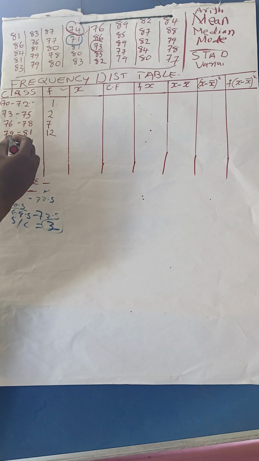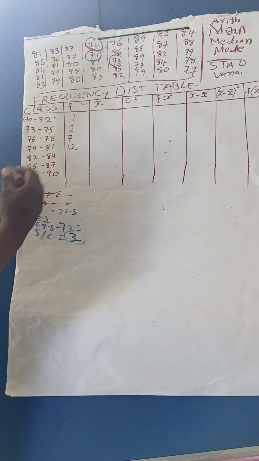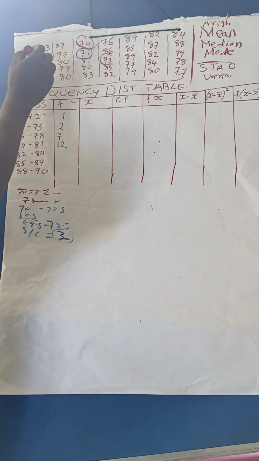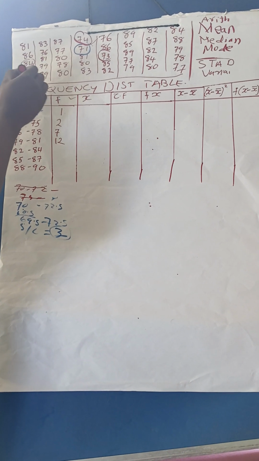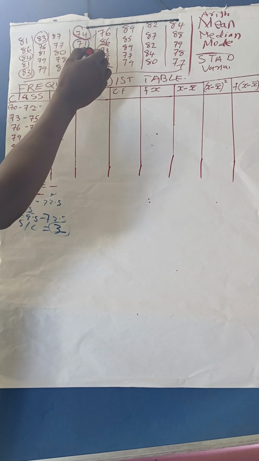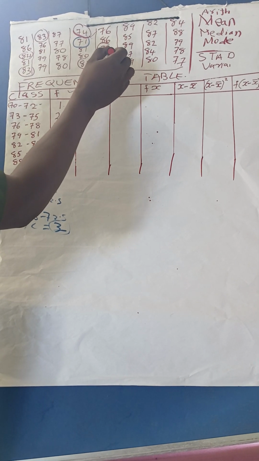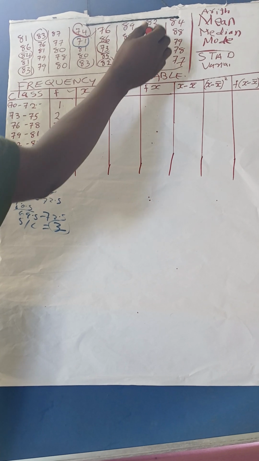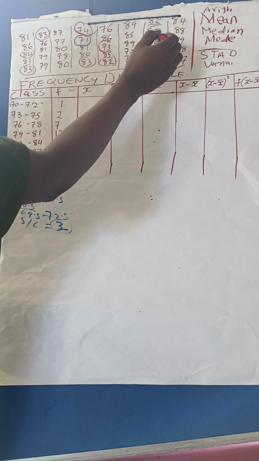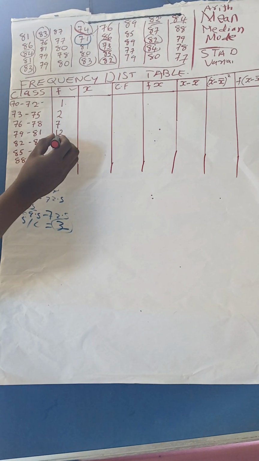If you count 82 to 84, we have 1, 2, 3, 4, 5, 6, 7, 8, 9. Meaning here it will be 9.